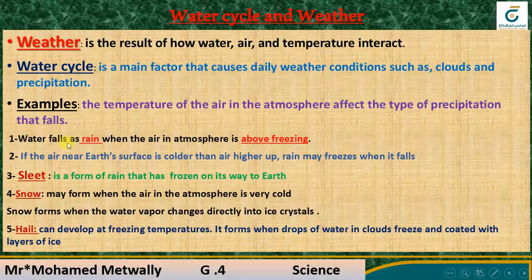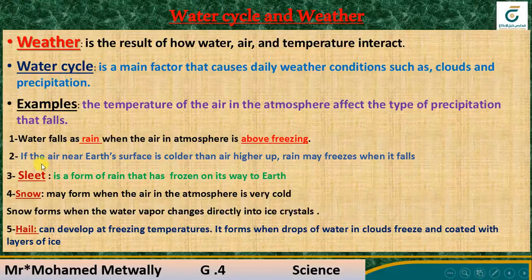Water falls as rain when the air in the atmosphere is above freezing. So when the atmosphere is above freezing, this affects the kind of vapor that will fall in the form of precipitation. So it will be rainy weather.